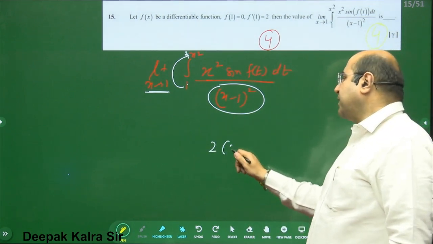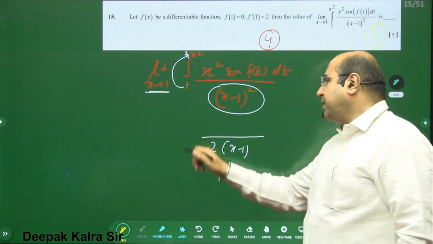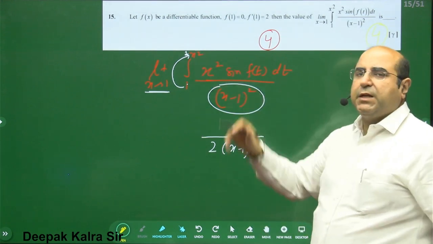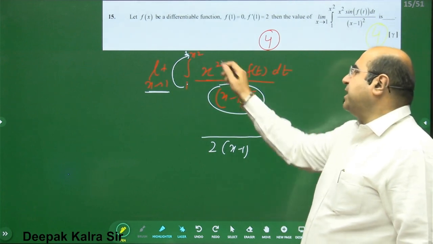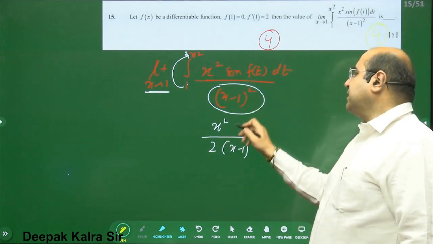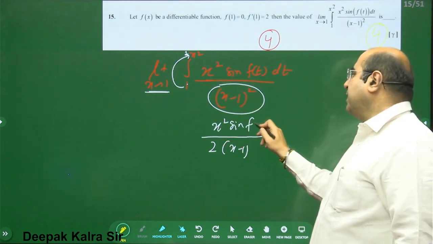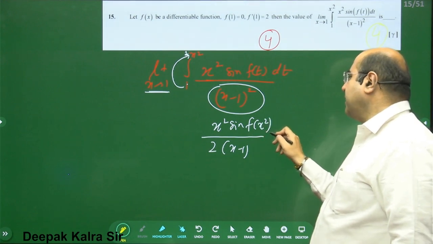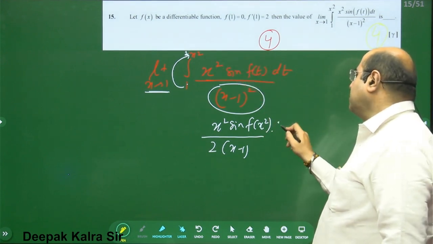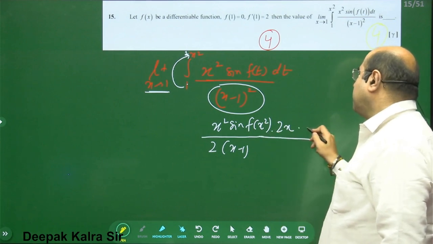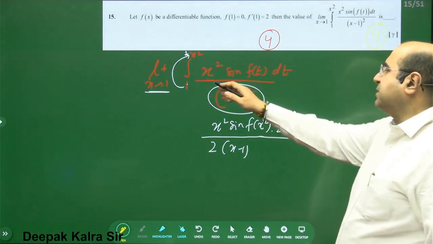The denominator becomes 2 times (x minus 1), its derivative. The numerator goes with the Leibniz rule. The Leibniz rule says x square as it is, sine of f(x) square comes here, into 2x minus the lower limit, there is no point because the derivative is going to be 0.